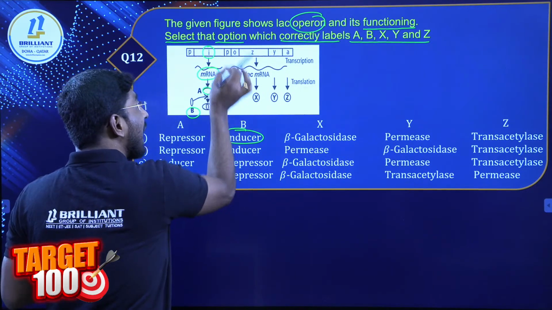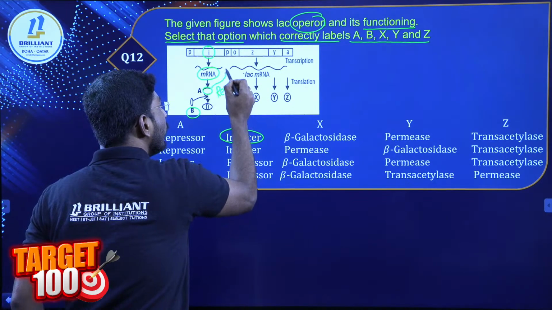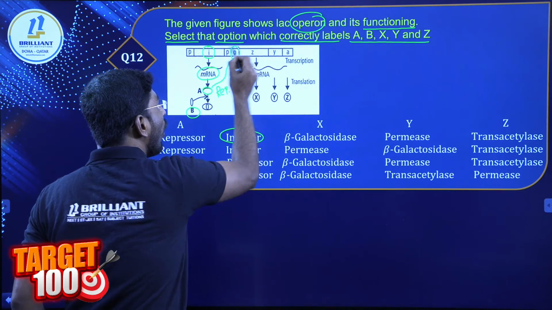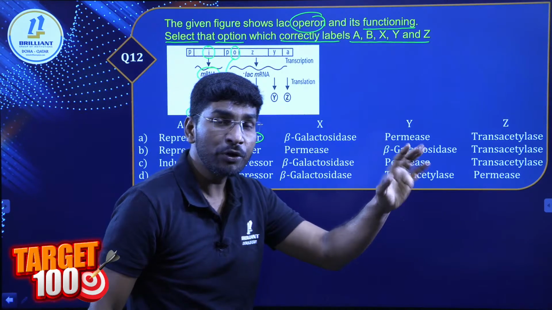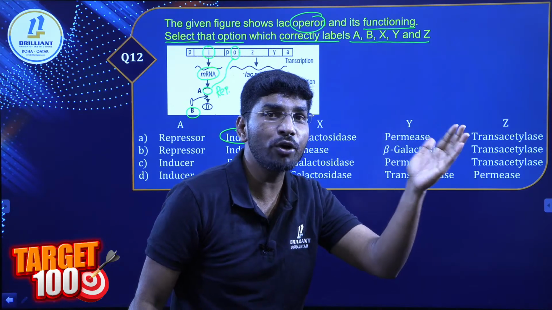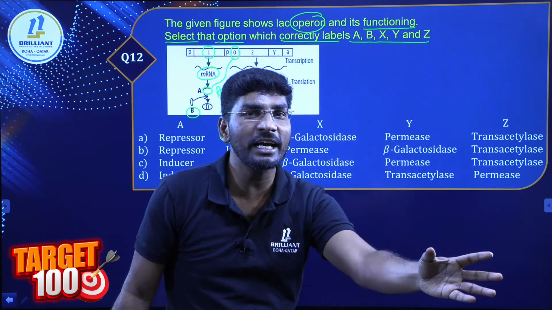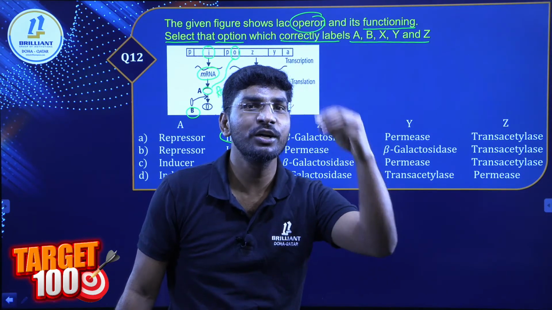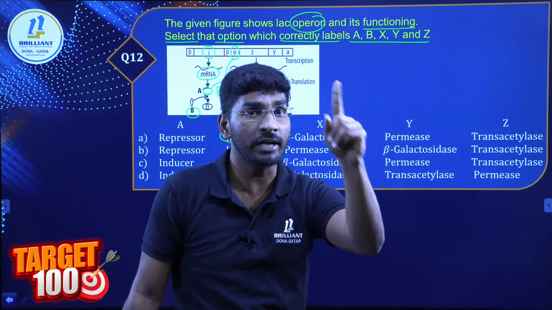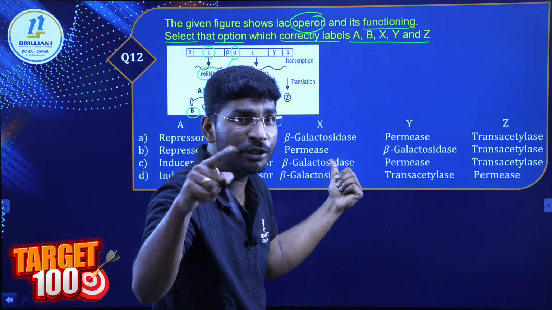If lactose is absent, this repressor would go and block what? The operator. Am I clear? When the operator is blocked, RNA polymerase enzyme cannot slide over X, Y, Z. So there will be no beta-galactosidase enzyme, no permease, no transacetylase. Here the inducer is lactose.